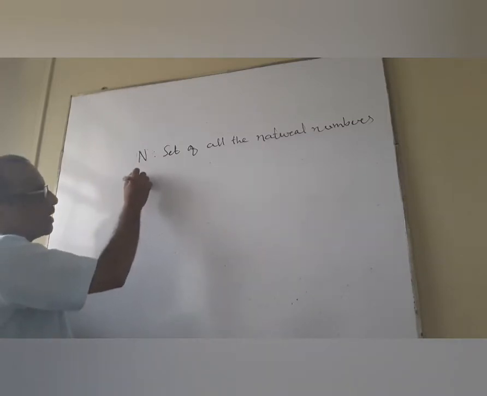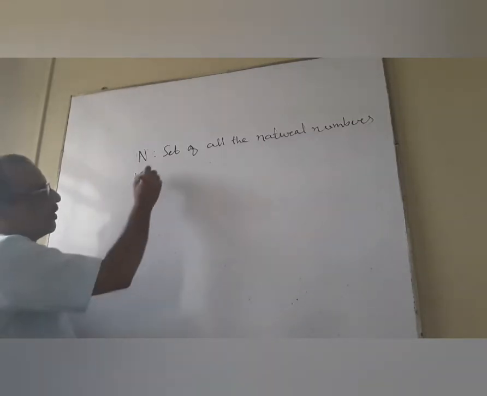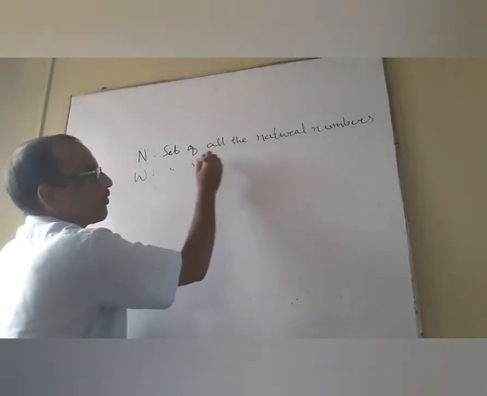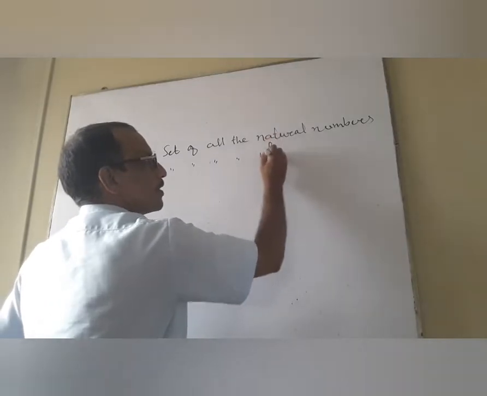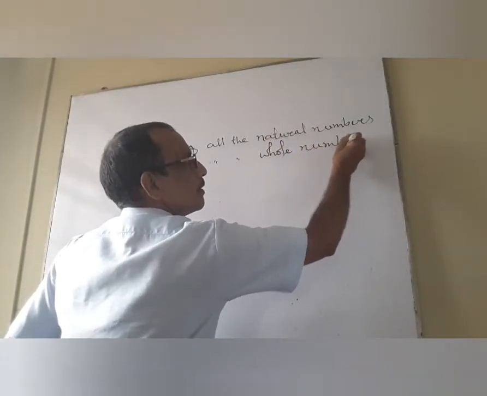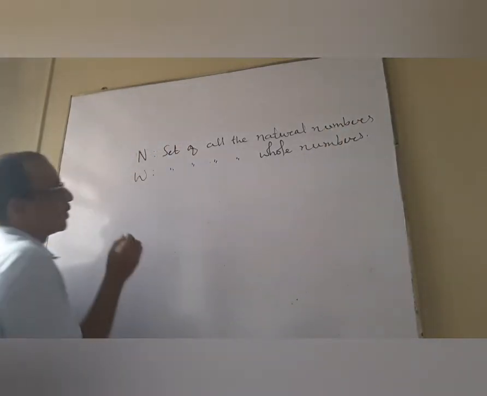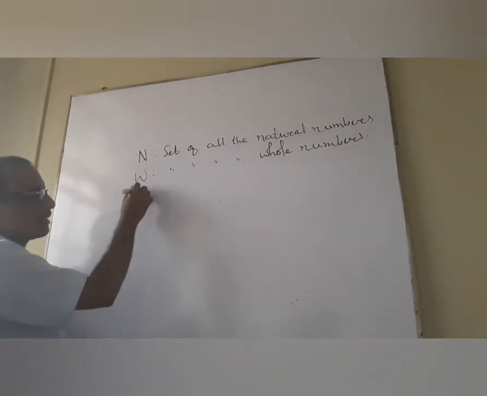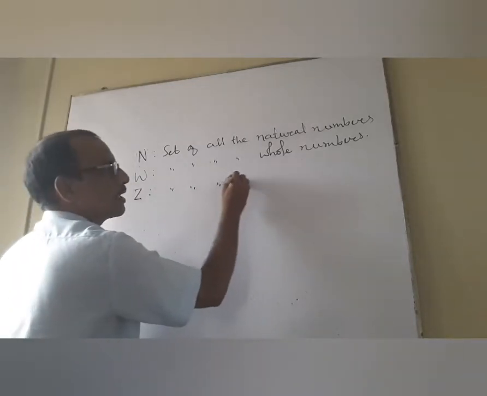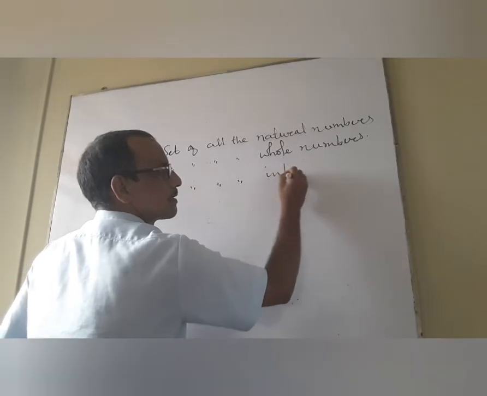When you write capital W, it is the set of all whole numbers. When you write Z, or however you say it, it is the set of all integers.